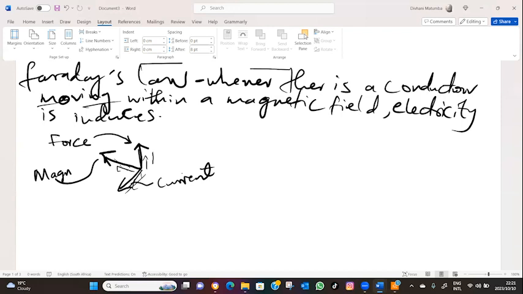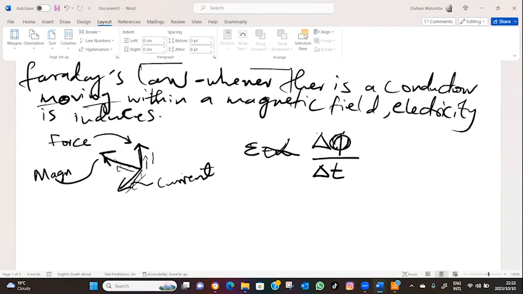Now, according to Faraday's law, we know that the induced EMF is directly proportional to the magnetic field divided by the rate at which the magnetic field is changing, or the rate at which the conductor is moving within that magnetic field.